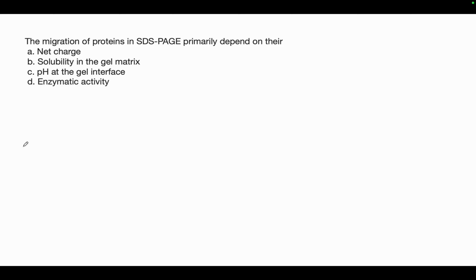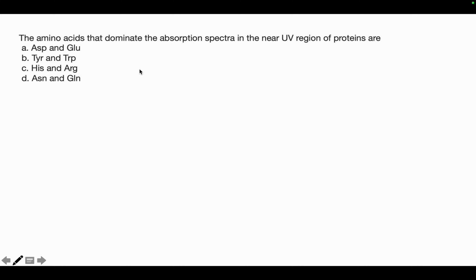So this depends on the net charge, and it also depends on the size and overall friction between the molecule and the SDS. So it depends on net charge, size, and the overall friction. It is independent of pH, enzymatic activity, or the solubility of the gel matrix.